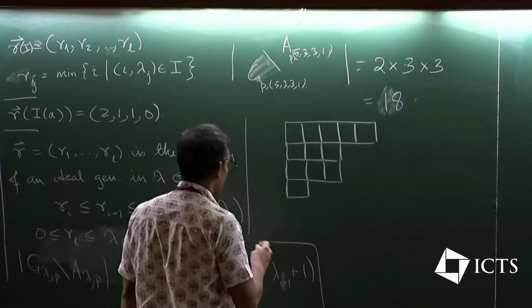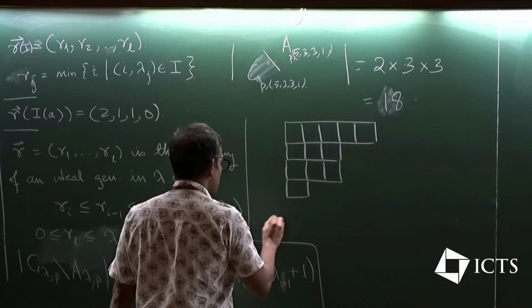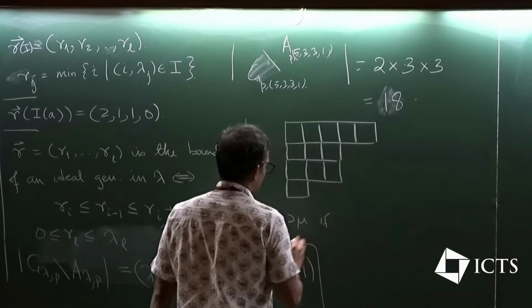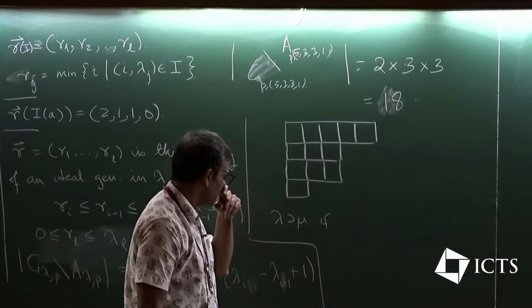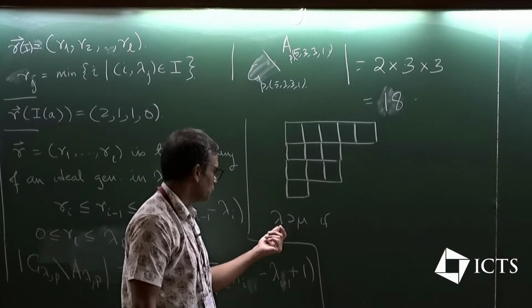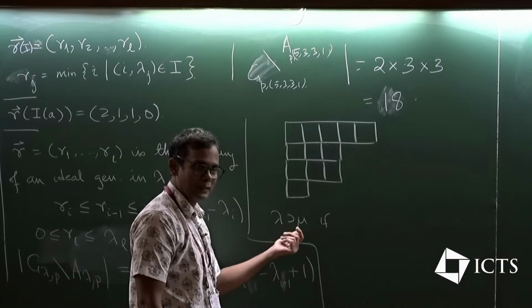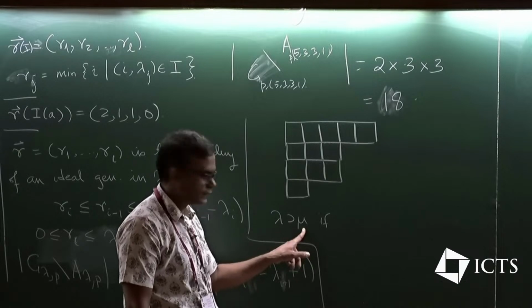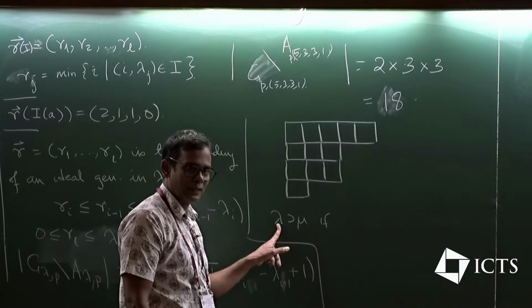Okay, so given 2 partitions, we'll say lambda contains mu if the Young diagram of lambda contains the Young diagram of mu, which means every box of this Young diagram is a box of this Young diagram, right?